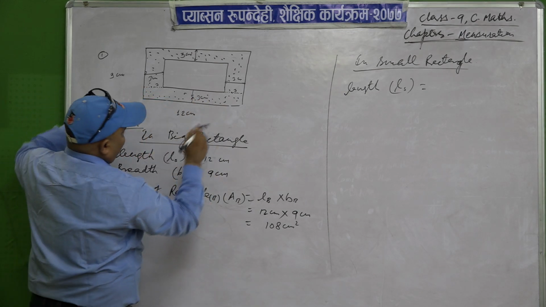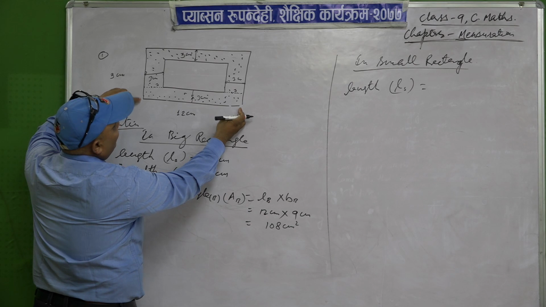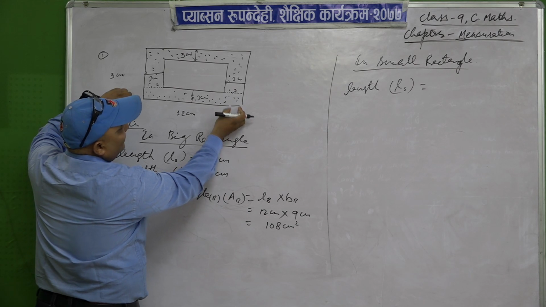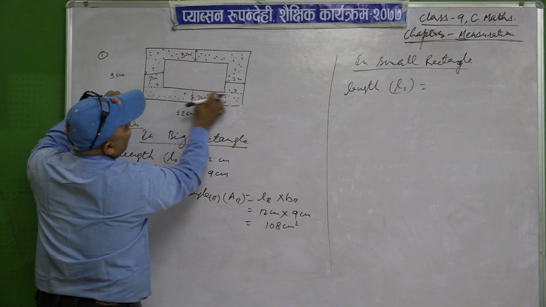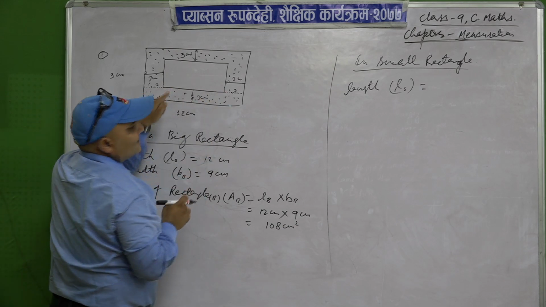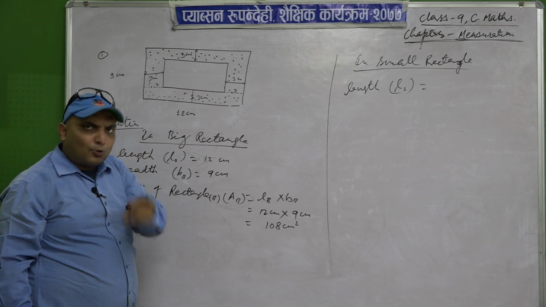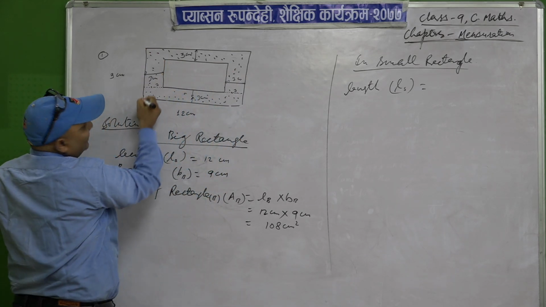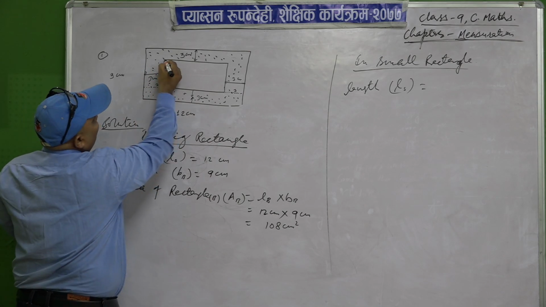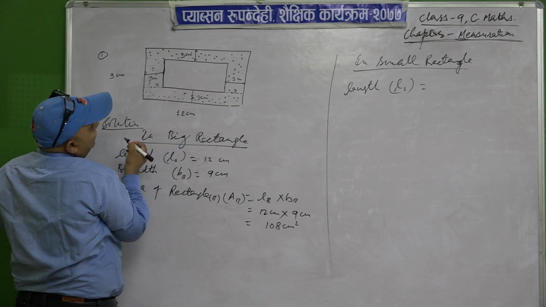Again see, from the length of the big rectangle, if we subtract this part and this part, we will get this part. That is the length of the small rectangle. Similarly, this is the breadth of the big rectangle. We need the breadth of the small one, but we do not have it.